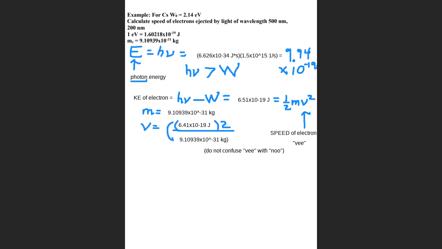And we have seen back in PChem 1 that if you take the base SI unit of joules, divide by the SI unit of kilogram, take the square root of the result, you obtain the answer in meters per second.